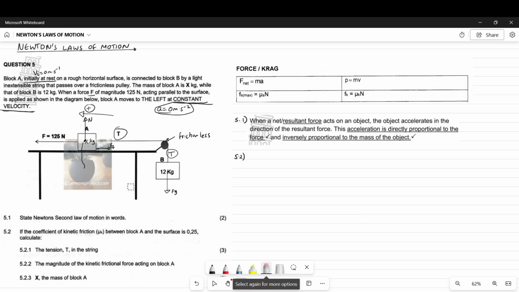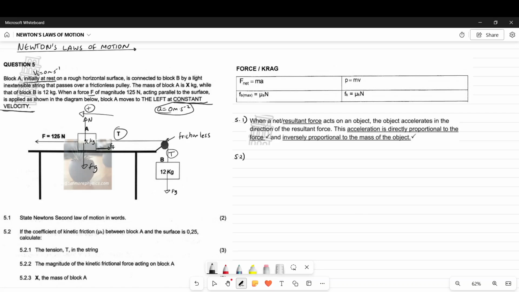And also we know friction is in this direction because friction always opposes the motion. So if the motion was to the left, friction will be to the right. Why? Because friction opposes the motion. It slows down the motion, right?